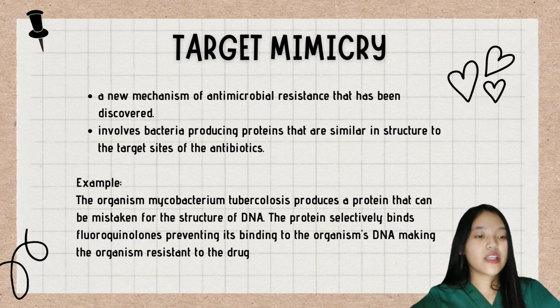Due to the similarity in structure of the new proteins and the target proteins, the antimicrobial binds the new proteins and not the target protein. For instance, the organism Mycobacterium tuberculosis produces a protein that can be mistaken for the structure of DNA. The protein selectively binds fluoroquinolones, preventing their binding to the organism's DNA, making the organism resistant to the drug.